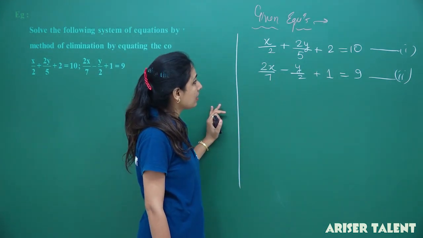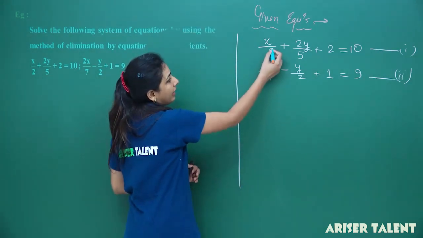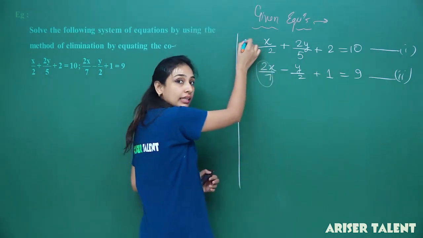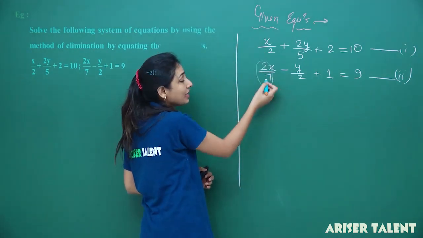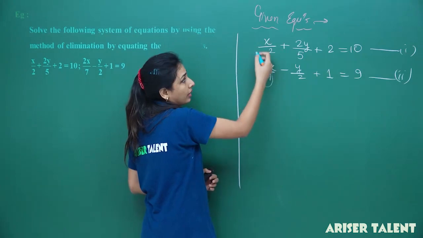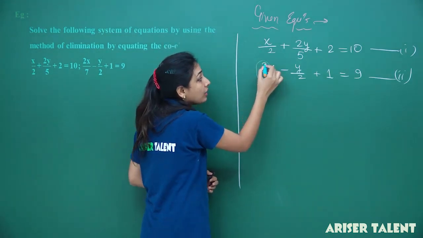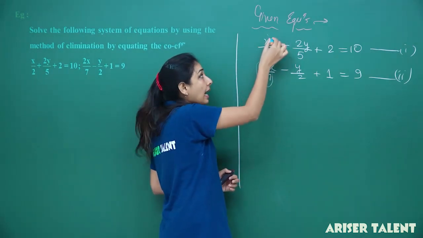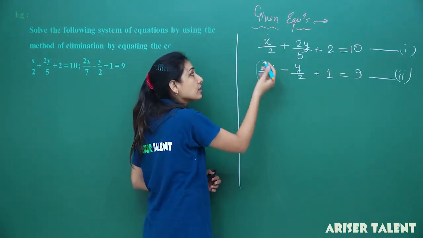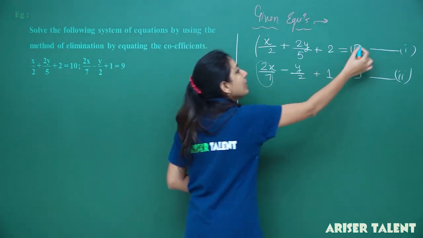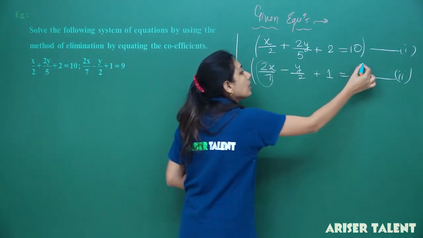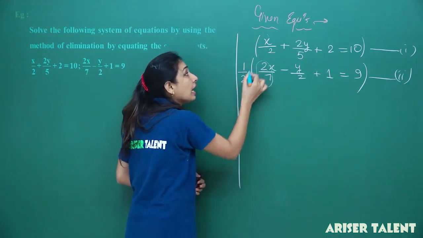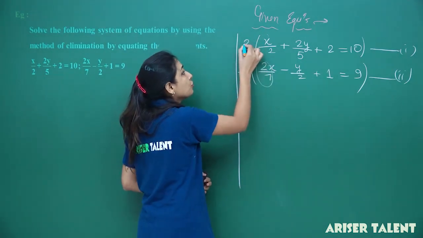Can I multiply? I will multiply both equations by the coefficient of x from the other: this complete equation by the coefficient 1 by 2 and this one by the coefficient 2 by 7.